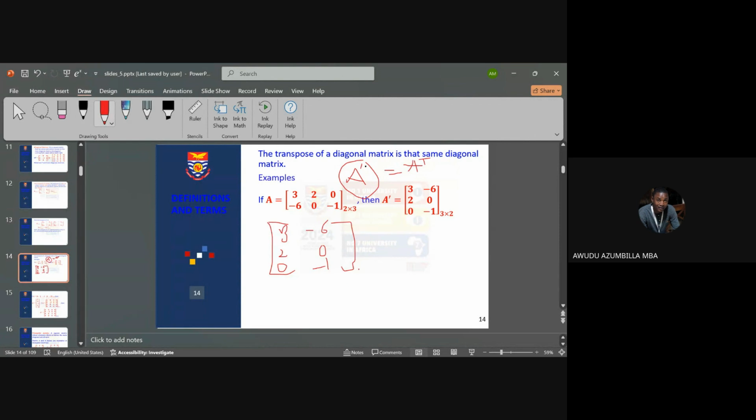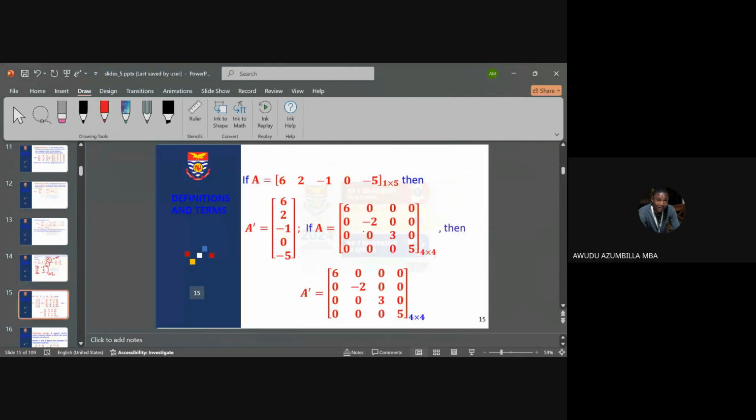So it becomes 3 by 2. The initial one was 2 by 3, but if we change them, it becomes 3 by 2. This is how we do transpose. Transpose simply means changing the position of rows and columns.